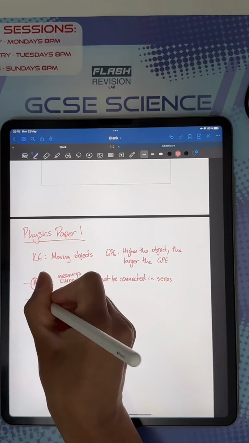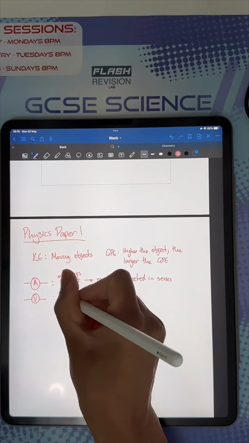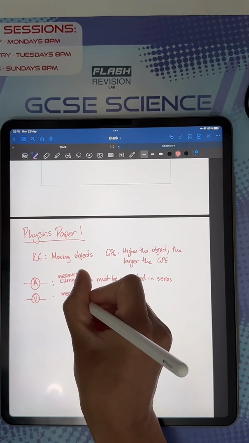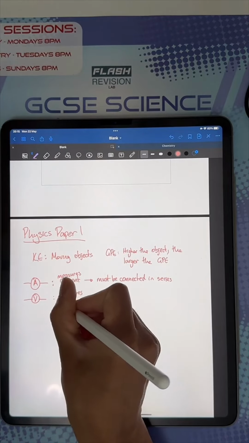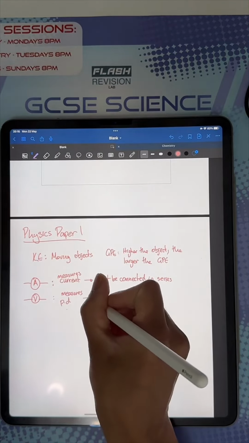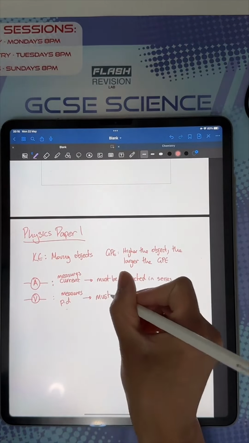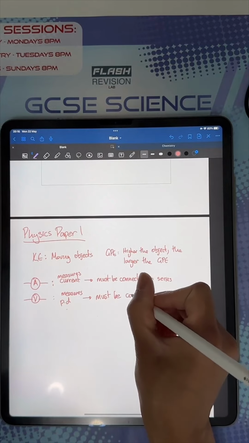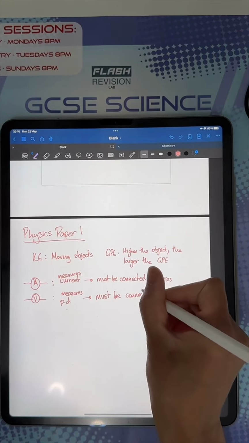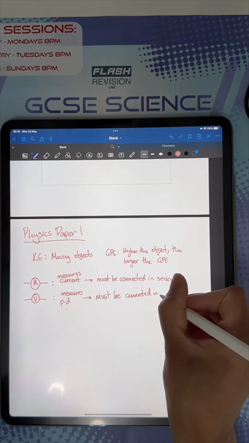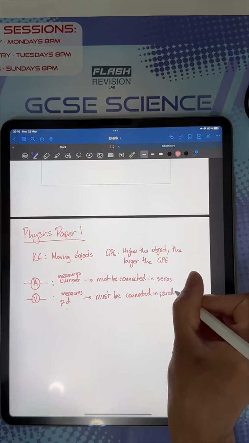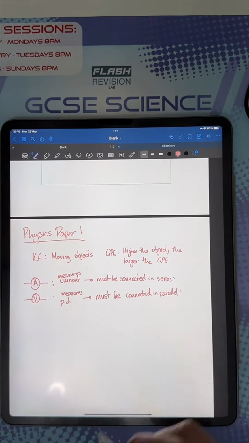Then we've got a voltmeter. Let me just write this as well. This one measures potential difference. This one needs to be connected in parallel. What's the difference between series and parallel? Anyone know the difference? Yeah.